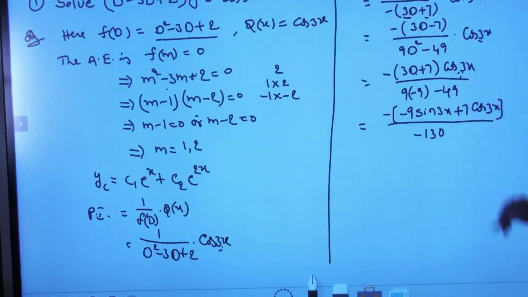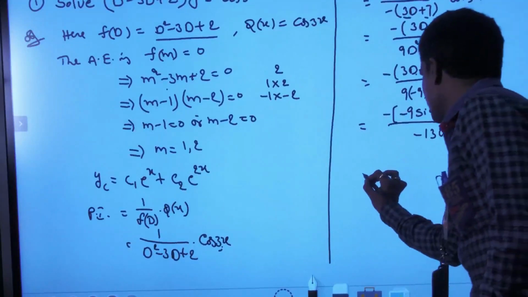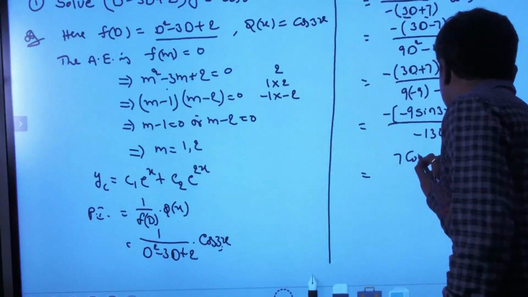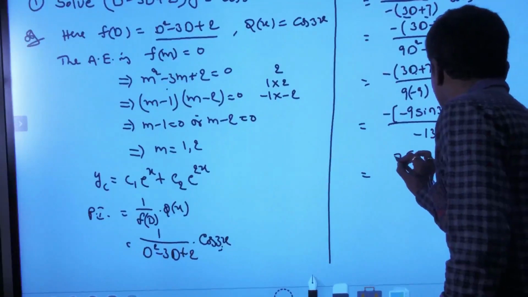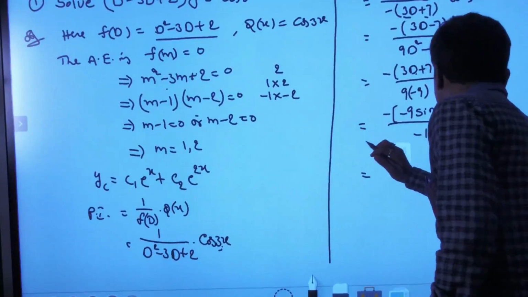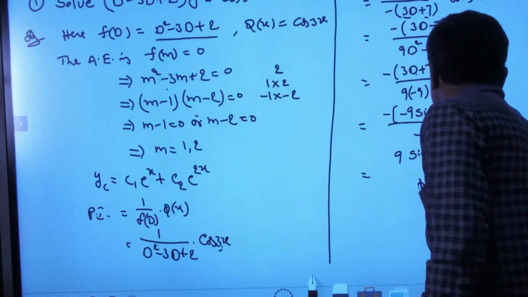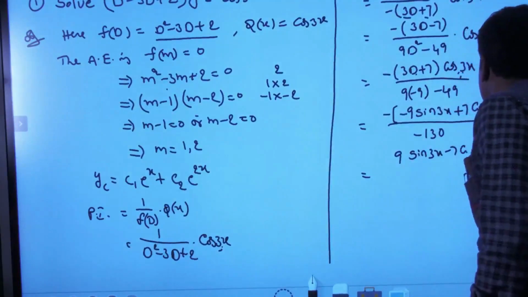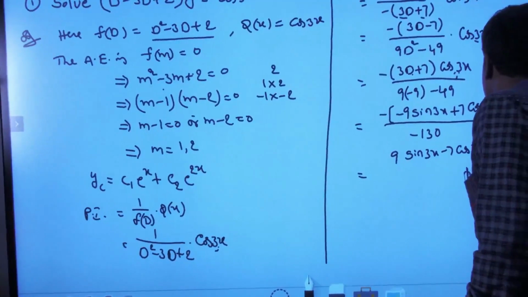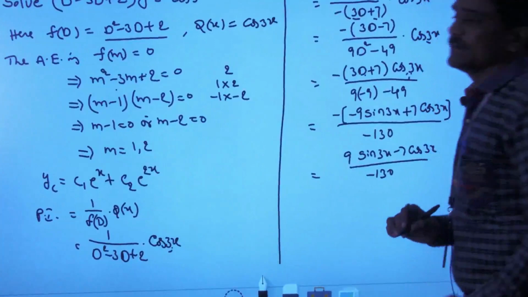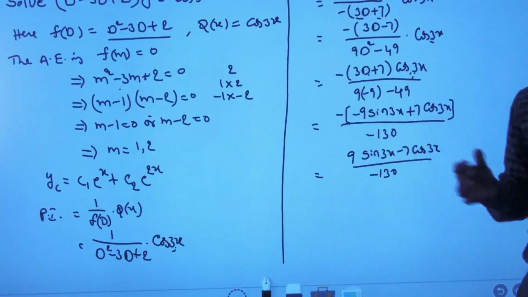Now multiply the minus signs, so we write 9 sin 3x minus 7 cos 3x by minus 130. This is the particular integral.